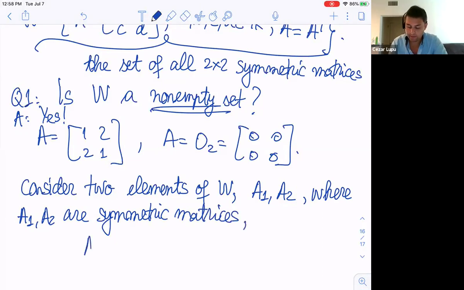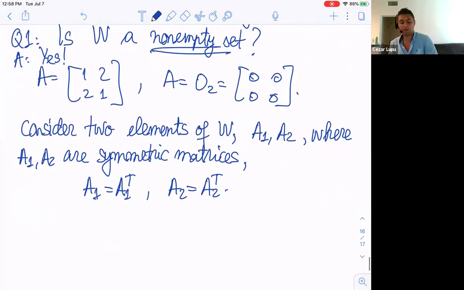This means that A1 equals A1 transpose and A2 equals A2 transpose. Now I want you to tell me what's going on with the addition. What do you think? So the first thing: closure under addition.